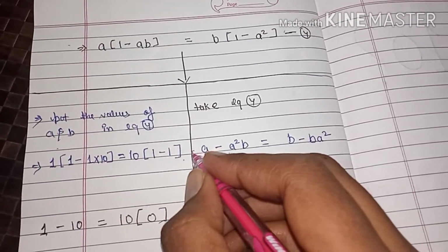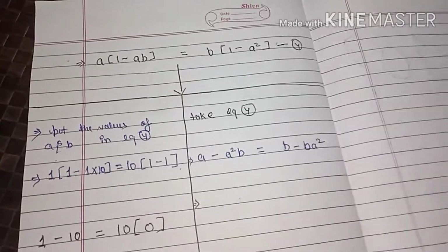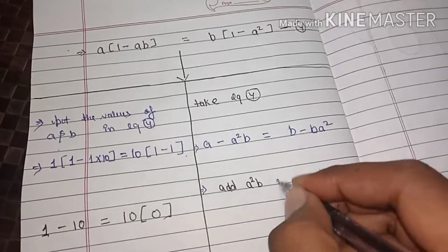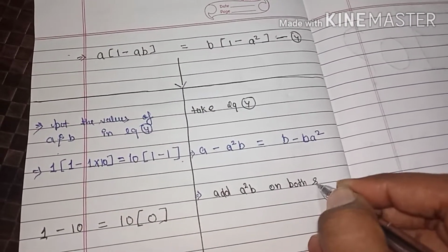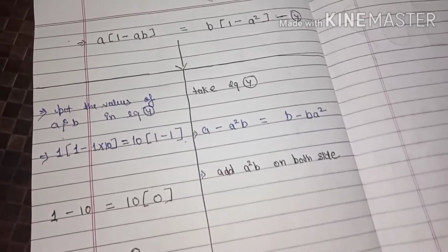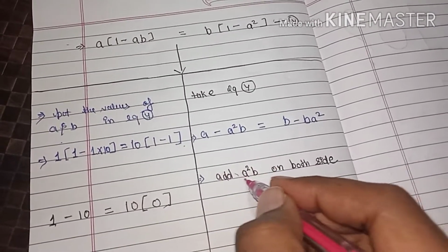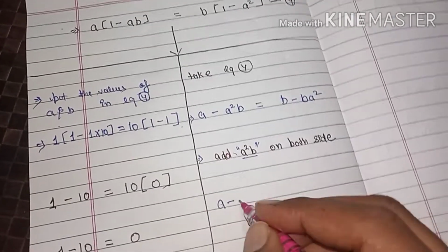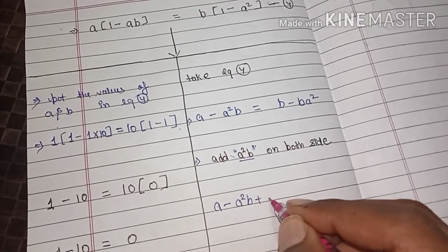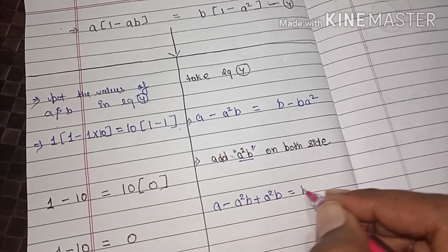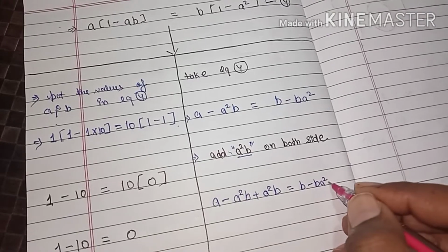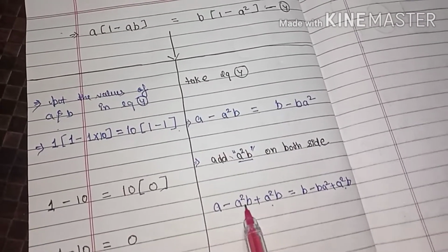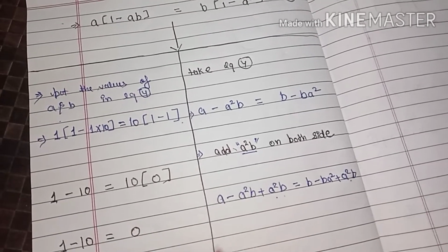So in the next step, add A square B on both sides. So A minus A square B plus A square B is equal to B minus BA square plus A square B. Here A square B and A square B cancel.